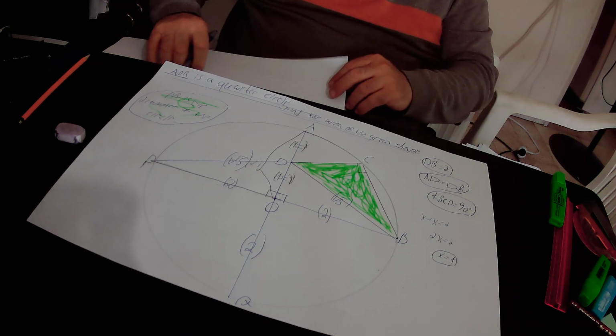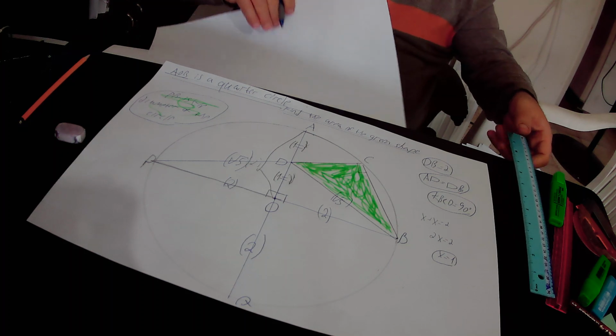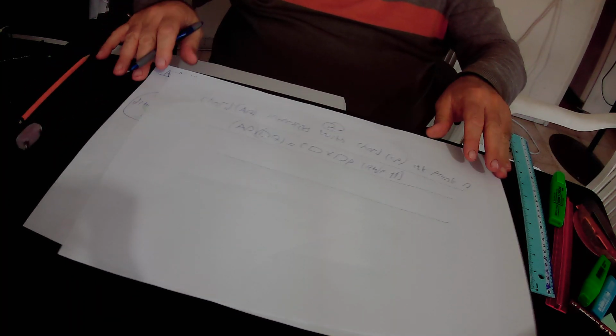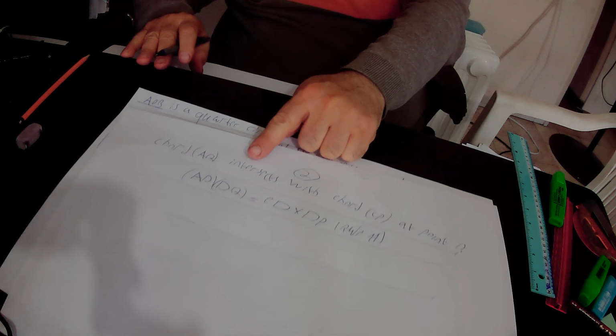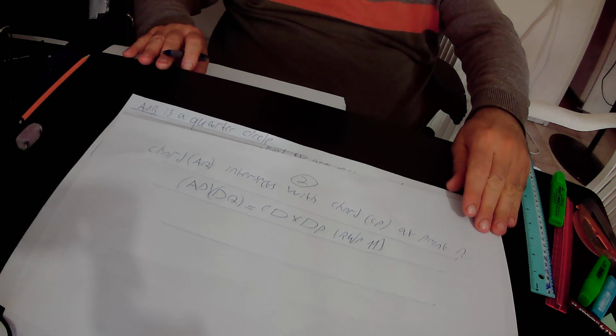Repeat again. According to rule 11, AD times DQ equals CD times DP.